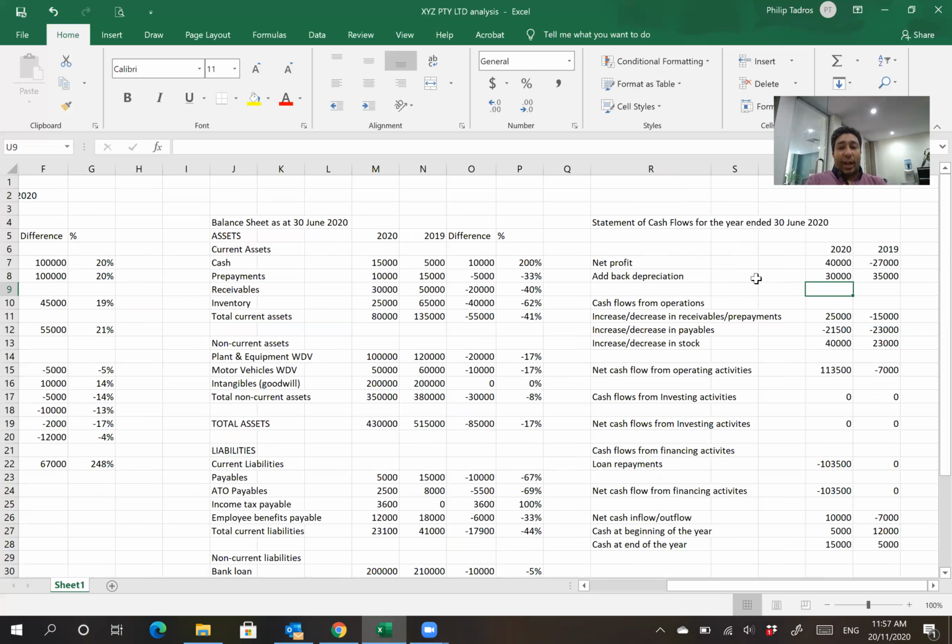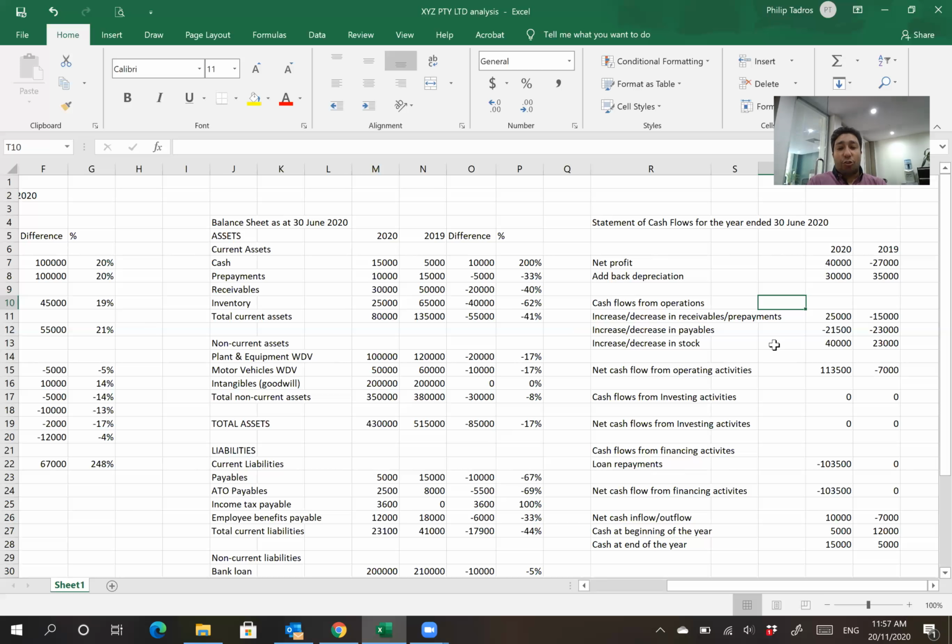Then you come to the cash flows from operating activities. Now, this operating activities, think of it as basically the daily operations of the business within a 12-month period. So in cash flows from operating activities, we are concerned with current assets movements, with the exception of cash, and current liabilities movements, increases or decreases.